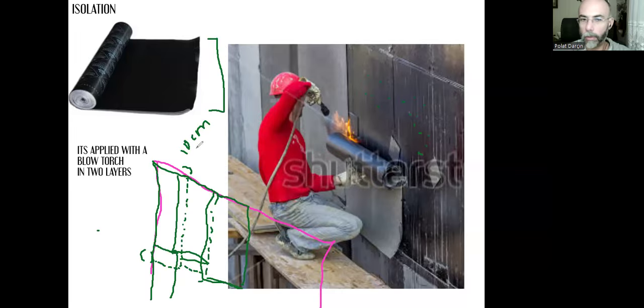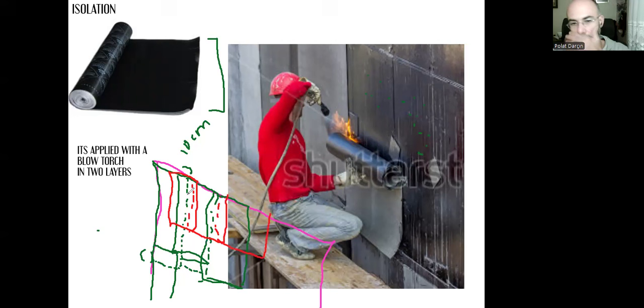I'm going to use new sheets, but this time I will be placing them like that. So the first one will be here, and the other one, again with the overlap, will be there. The third one will be there.